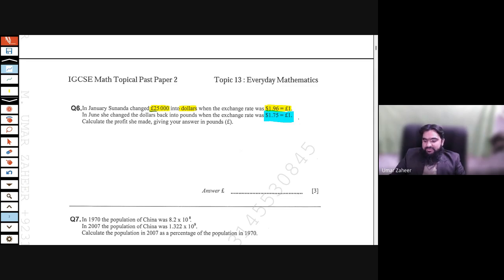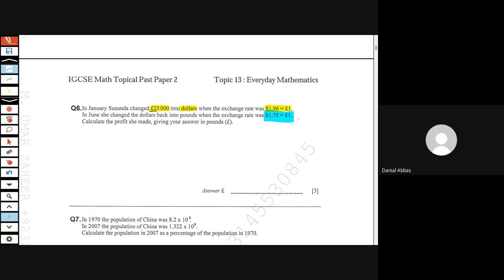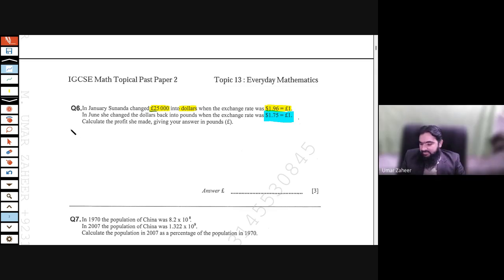What do we have to do first? Anyone? Multiply 25,000 with 1.96. Yes, but I'm going to do it with the recommended steps. You can, you are right. We have pounds and dollars. $1.96 is equal to 1 pound, and now we have 25,000 pounds.